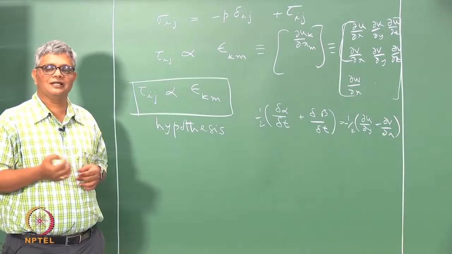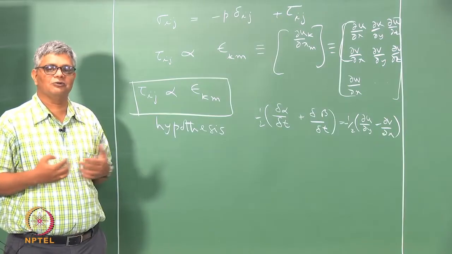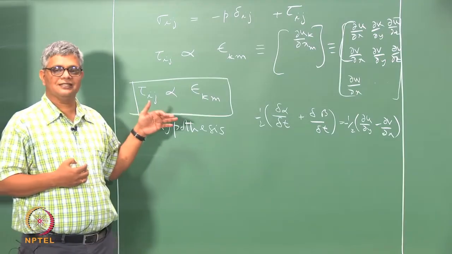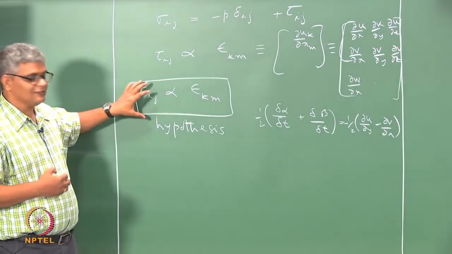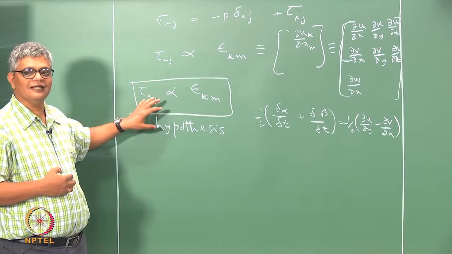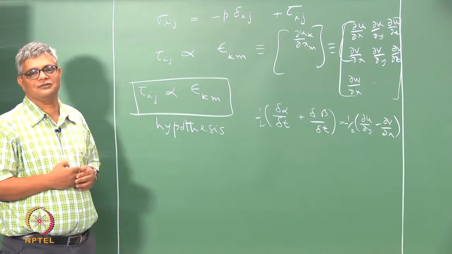Similarly, many polymeric liquids which have elongated oriented molecular structure with long chain molecules do not obey this particular assumption. But this is a very useful assumption, and it is an empirical hypothesis. It is a hypothesis which is backed by empirical observations of the goodness of this hypothesis.